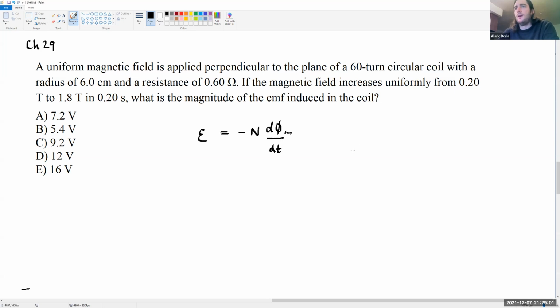And also probably, if it's told to us that the wire has a certain radius and a certain resistance, then maybe we want to know the magnetic field of a coil of wire, mu 0 n times I, where n is the turn density, so number of turns per unit length.